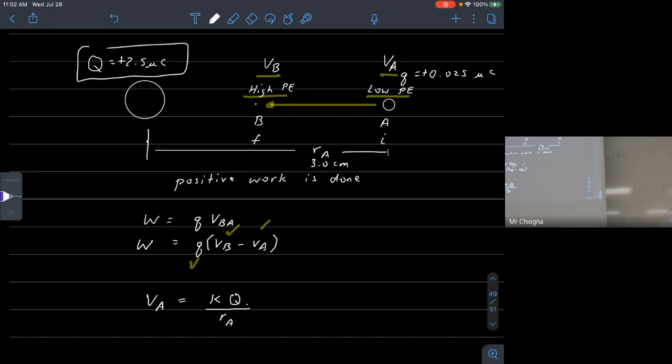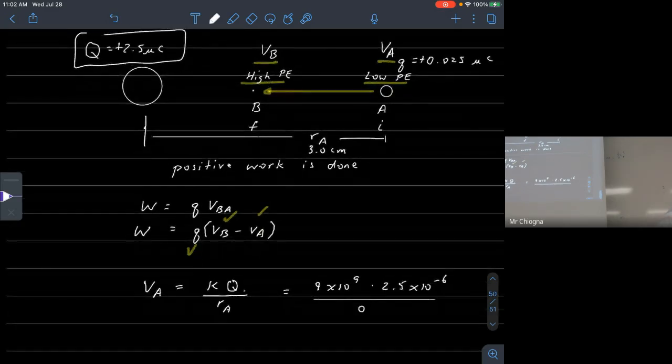Okay, so we can do that calculation, and convert the centimeters to meters. So that works out to be 7.5 times 10 to the 5, pardon me, volts.